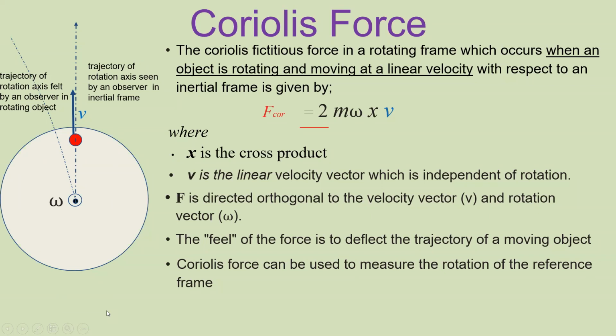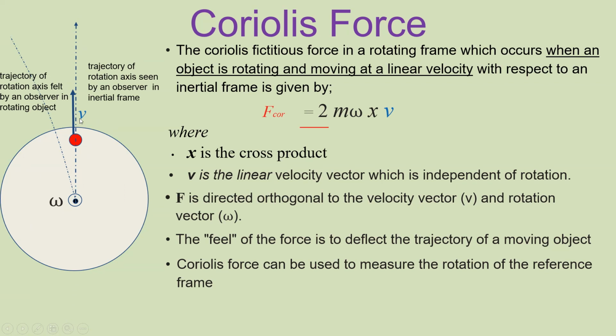And due to whatever reason, we don't know whether it is due to an external force or something else. Usually only one particle will move in linear velocity, but assume that this whole object is also moving at a constant velocity v along this direction. I'm taking just an example.